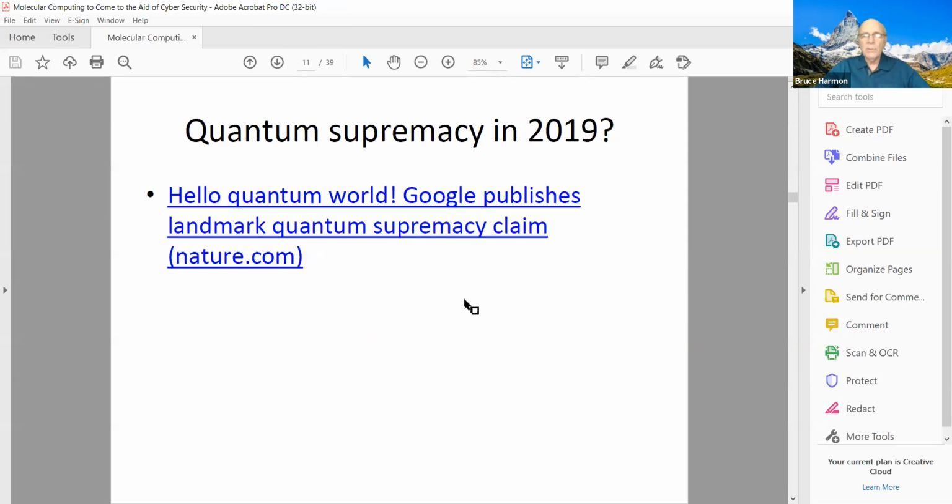In this article, Google is making the claim that they have achieved quantum supremacy. What that means is that they have demonstrated the capability of their live quantum computer to do things that would not be possible in a reasonable amount of time on a current generation classical computer.